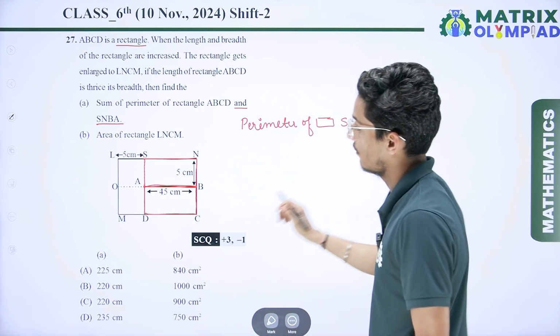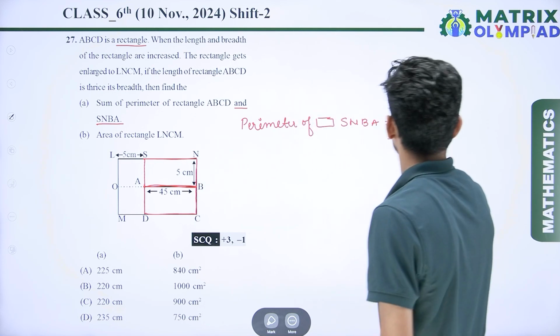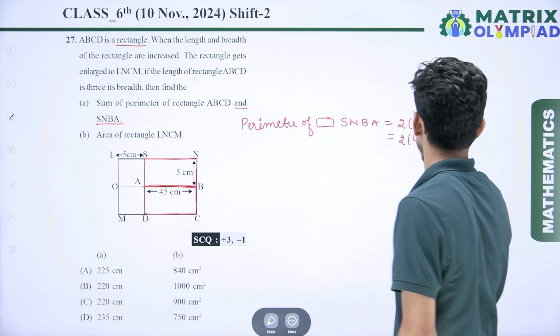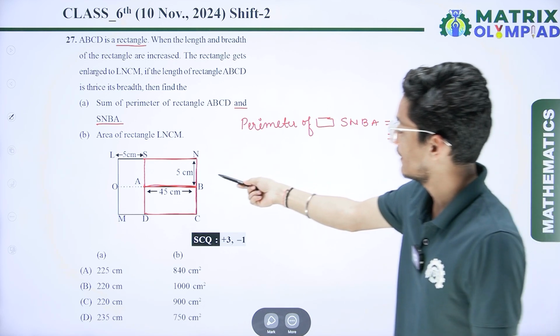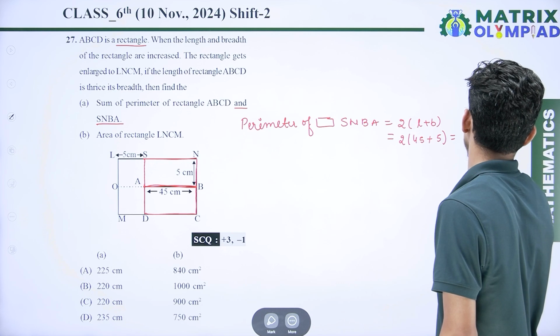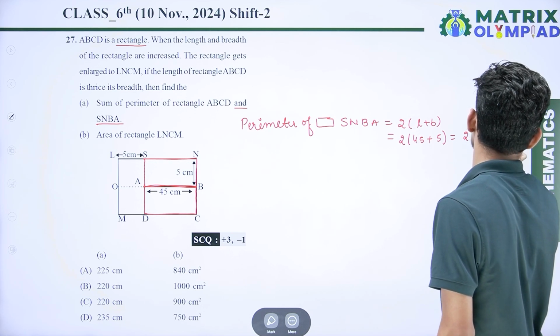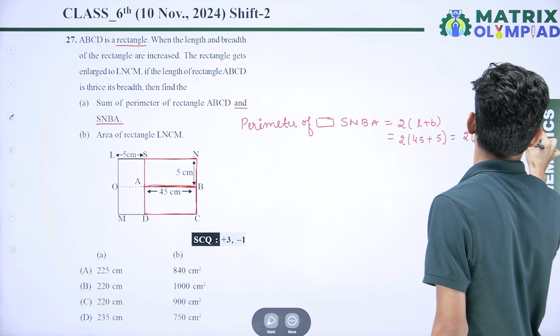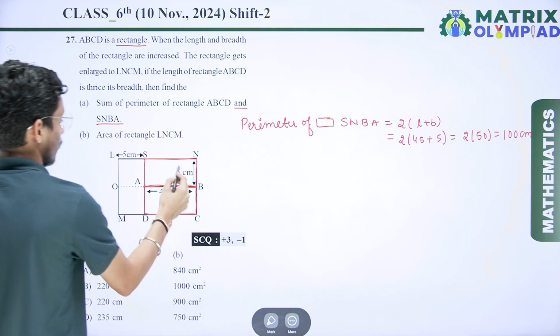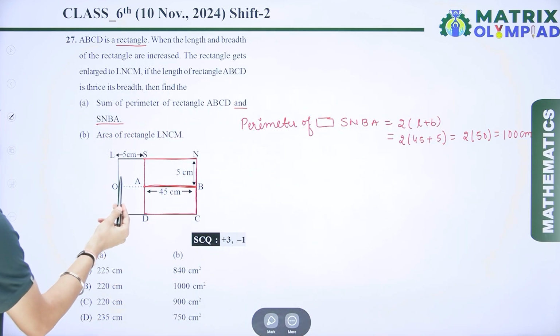Here the length is 45 centimeters, so 2 bracket 45, and the breadth is 5 centimeters, plus 5. If I add, 2 bracket 50, that is a total of 100 centimeters. That is the perimeter of rectangle SNBA.